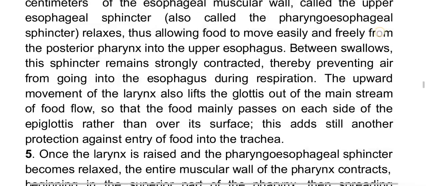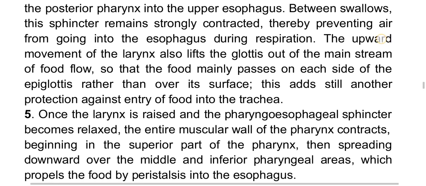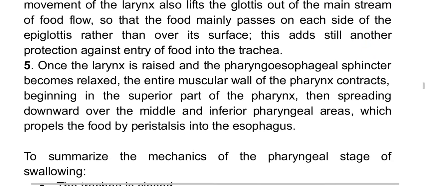Between swallows, the sphincter remains strongly contracted, thereby preventing air from going into the esophagus during respiration. The upward movement of the larynx also lifts the glottis out of the mainstream of food flow so that the food mainly passes on each side of the epiglottis rather than over its surface. This adds still another protection against entry of food into the trachea.